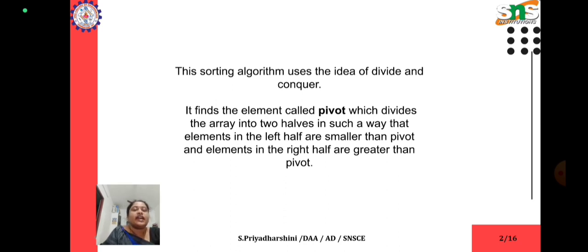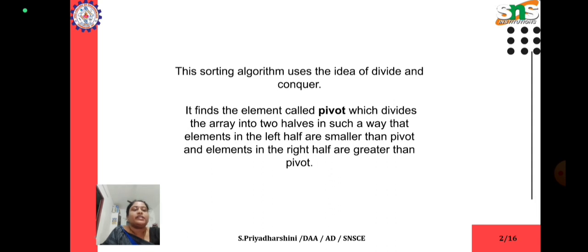First it has to find the pivot element. So in the divide step, it first picks a pivot element. After that, it partitions or rearranges the array into subarrays such that each element in the left subarray is smaller than the pivot element and each element in the right subarray is greater than the pivot element.